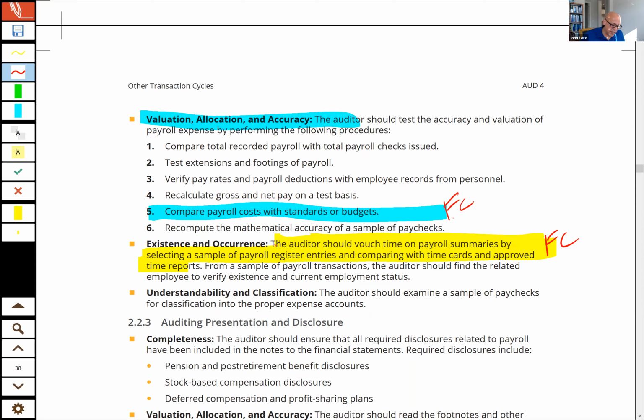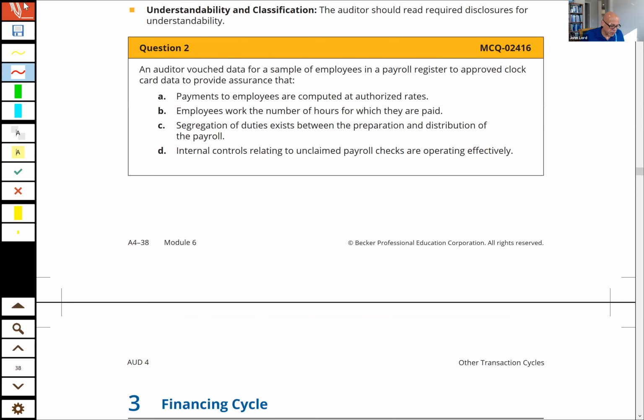Okay, all right, good. So let's go ahead and take a look at this question 2. What am I doing?